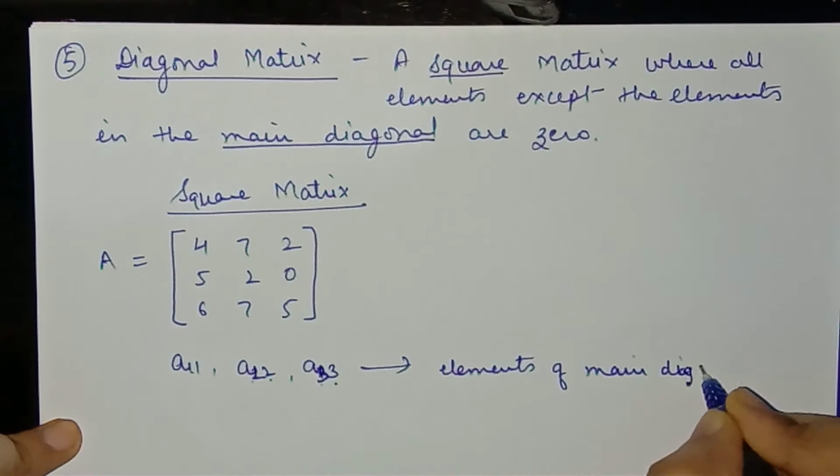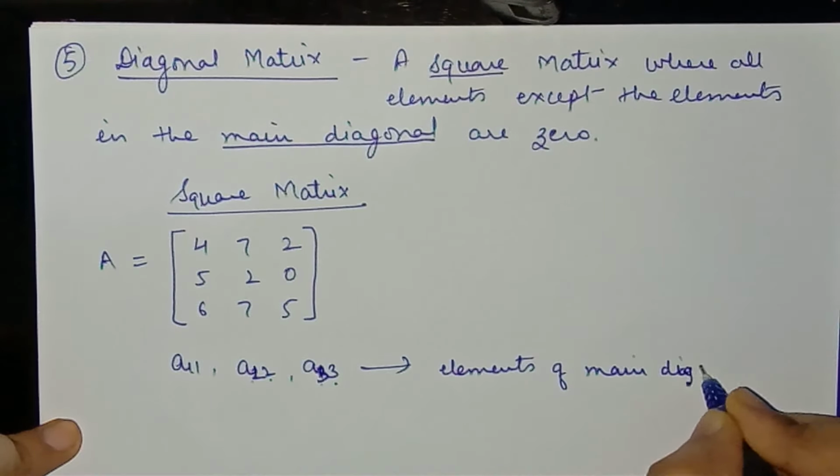Now coming to the example of a diagonal matrix. It is a square matrix. So let B be a diagonal matrix.